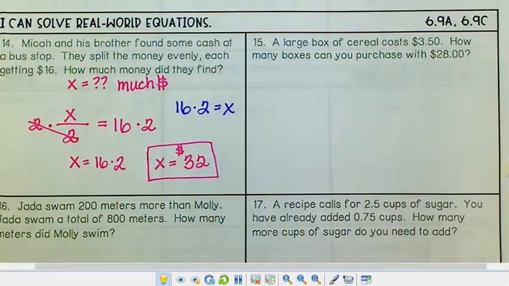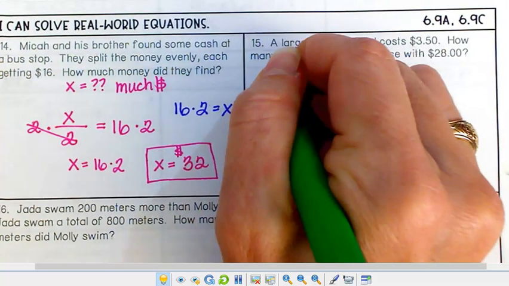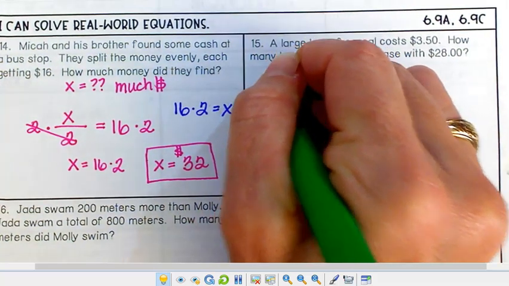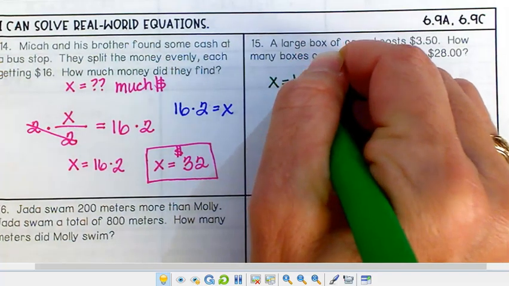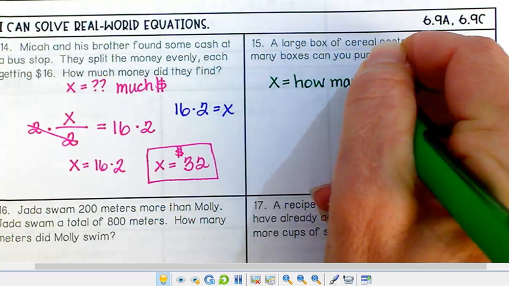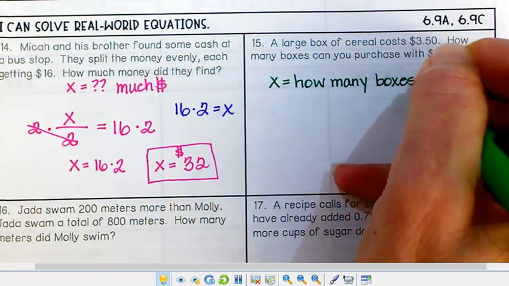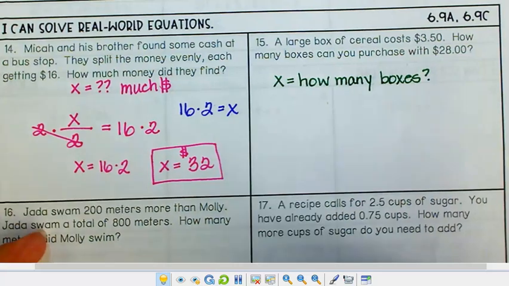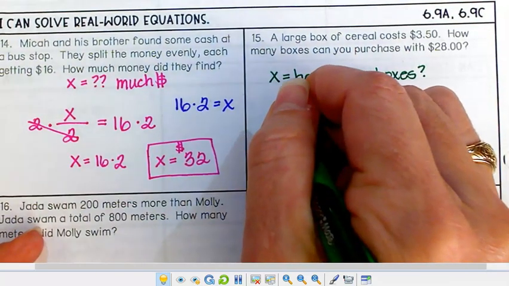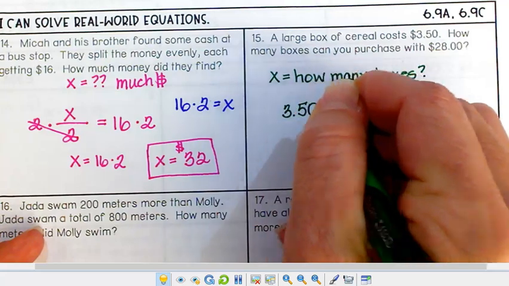Okay, it's not actually $4 a box, it's only $3.50 a box. But what I need to know is how many boxes can I buy? How many boxes of cereal? Okay, so that's the variable that we're looking for. We know that each box costs $3.50.